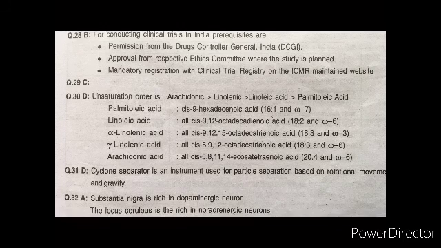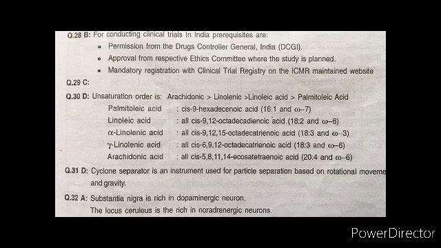The correct order for unsaturation present in the following fatty acids: palmitoleic, linoleic, and arachidonic acid. Now the nomenclature is given, so let us see first what is arachidonic acid. Arachidonic acid is all cis 5,8,11,14 eicosatetraenoic acid. Then you have alpha and gamma linolenic acid.